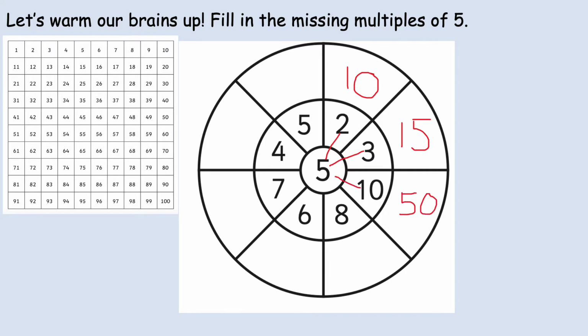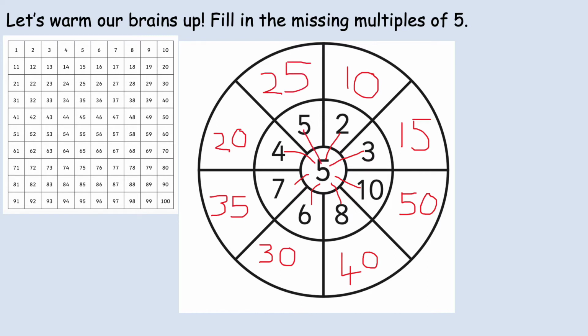We know 10 lots of 5 is 50. 8 lots of 5, 8 times 5 is 40. 6 times 5 is 30. And 7 times 5 is 35. 4 times 5 is 20. And 5 times 5 is 25.